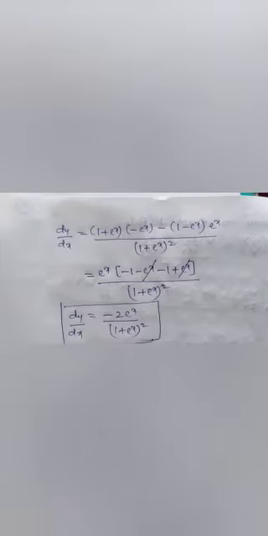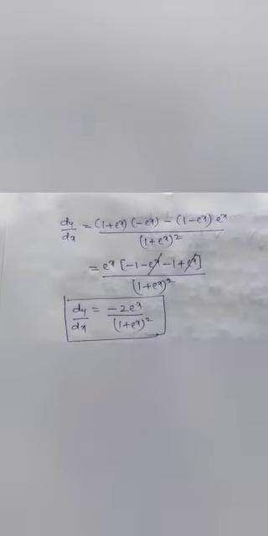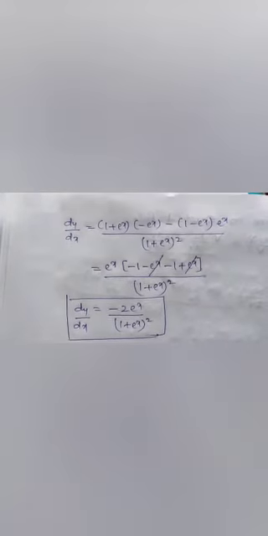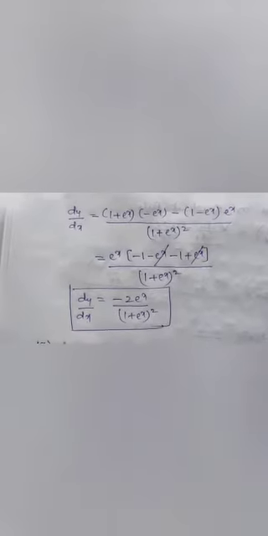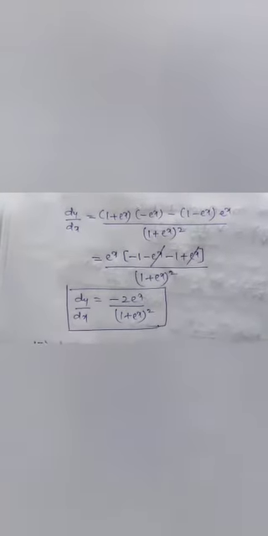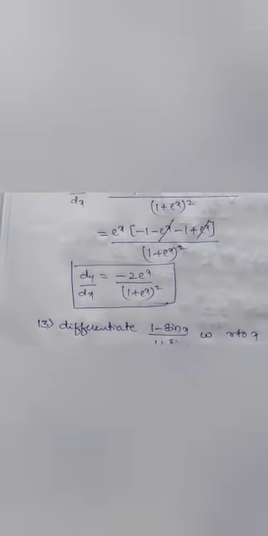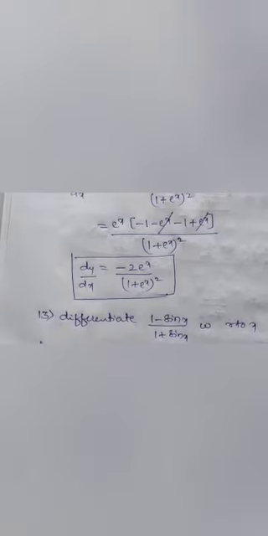And taking e to the power x common, we get 1 minus e to the power x minus 1 plus e to the power x, plus e to the power x minus e to the power x get cancelled and remaining only minus 1, we get minus 2, and outside is e to the power x. dy by dx equal to minus e to the power x by 1 plus e to the power x whole square.